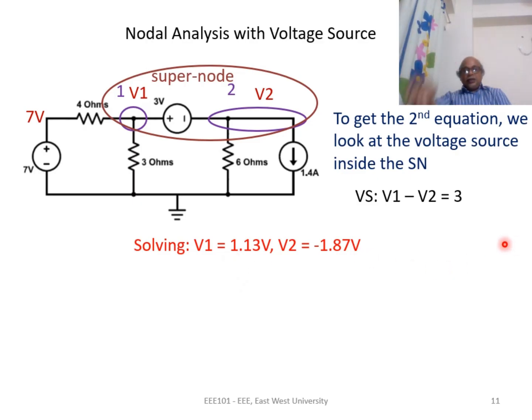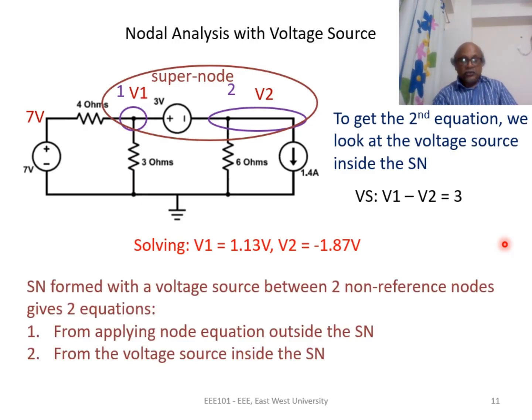So what is the principle for handling case 2 in nodal analysis? First, we form a supernode with the voltage source which is connected between two non-reference nodes. And how do we get the two equations? First, we get one equation by applying a node equation outside the supernode.